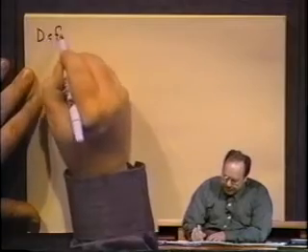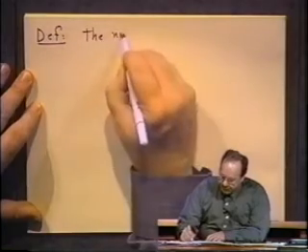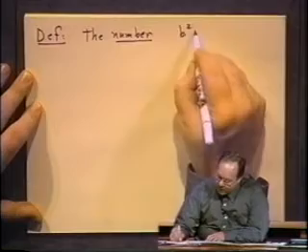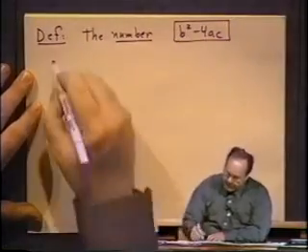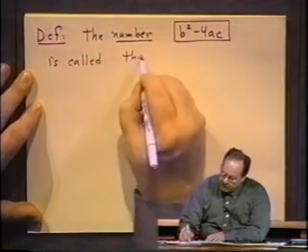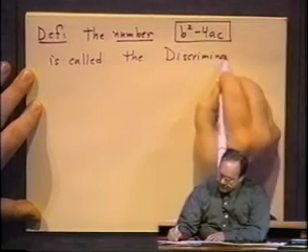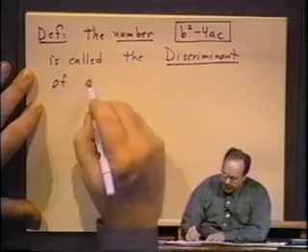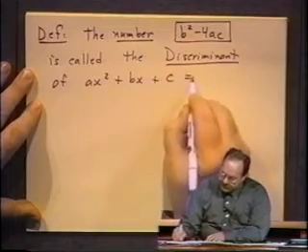Let me now first define that number I just mentioned. The number, it's a number now, b squared minus 4ac is called, it's given a special name, it's called the discriminant. The discriminant of the quadratic equation it's associated with, ax squared plus bx plus c equals 0.